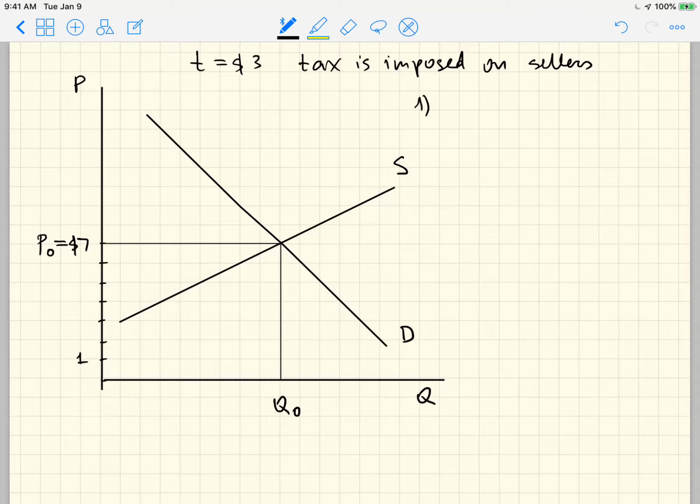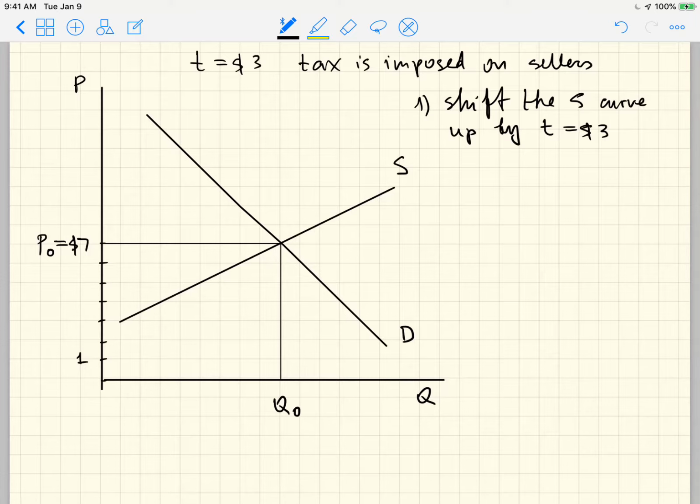And because we're dealing with sellers, clearly it's going to be the supply curve. How is it going to shift? Well, it's going to go up. So we need to shift the supply curve up by the amount of the tax, which is, as we know, $3.